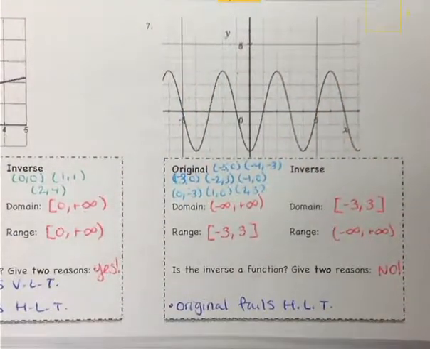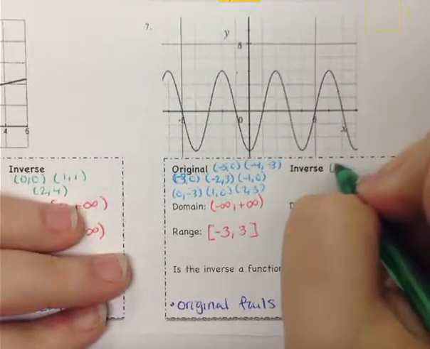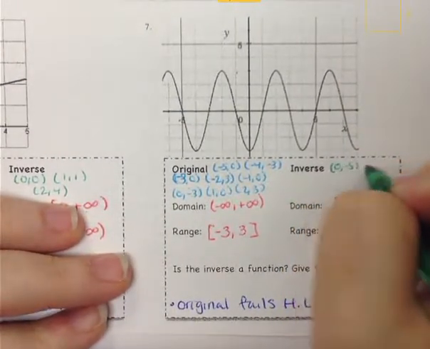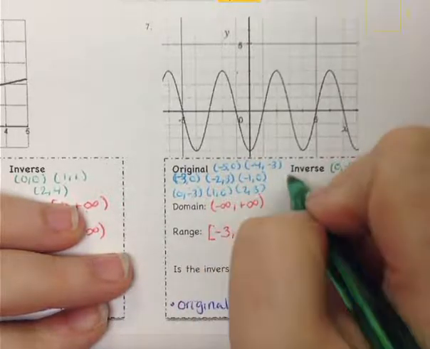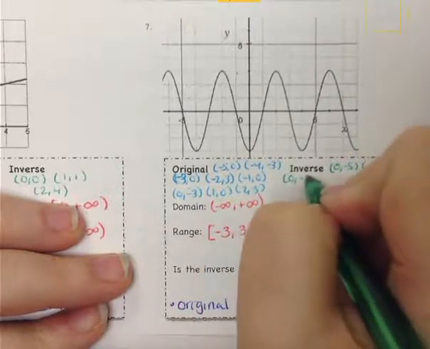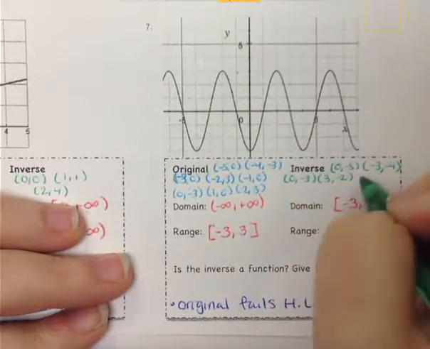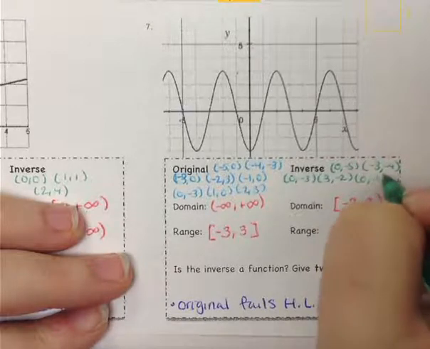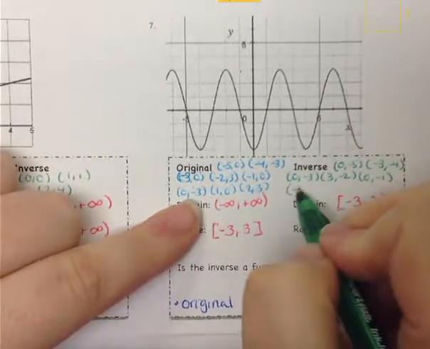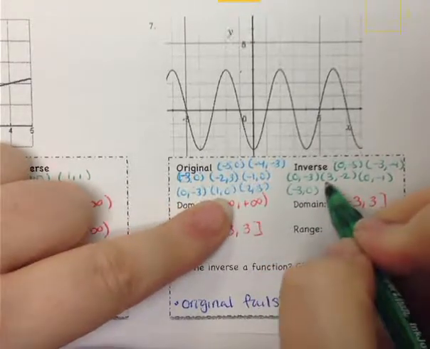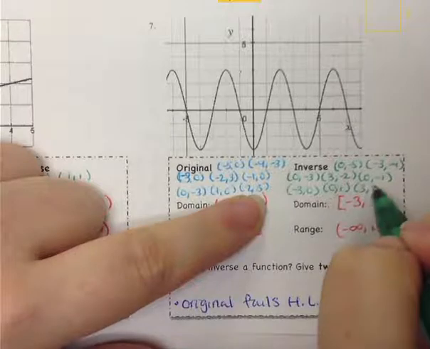Obviously there are more, and we're just going to have to keep seeing what the pattern is. So for the inverse, we're going to flip these. So we'll have 0, -5, -3, -4, 0, -3, 3, -2, 0, -1, -3, 0, 0, 1, 3, 2.